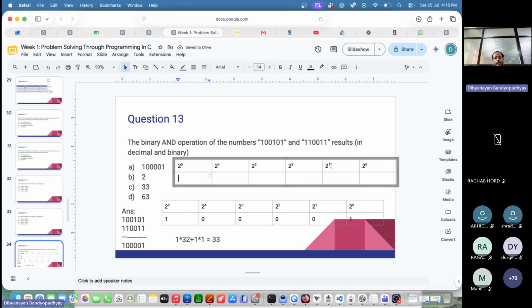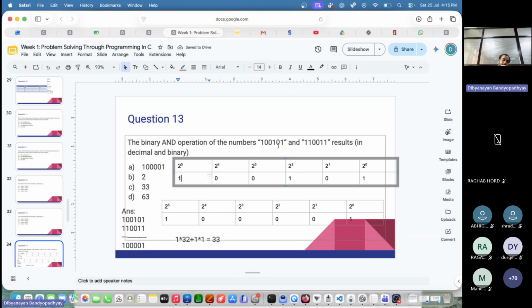So what is the number at zeroth position? This is 1. I'm reading from right to left. What is the number at first position? This is 0, right? What is the number at second position? This is 1. What is the number at third position? 0. Fourth position? 0. And fifth position? 1. So you now have the whole number.